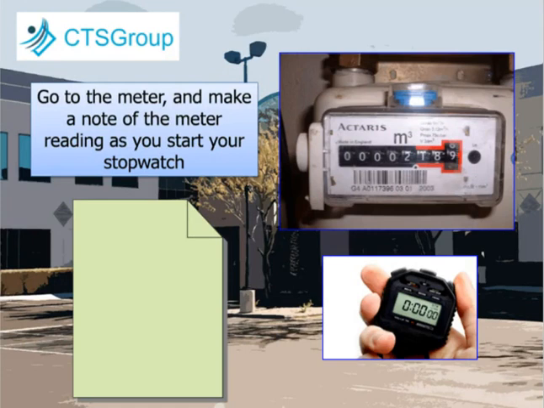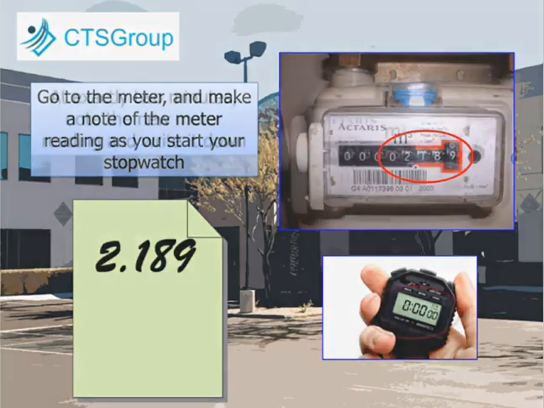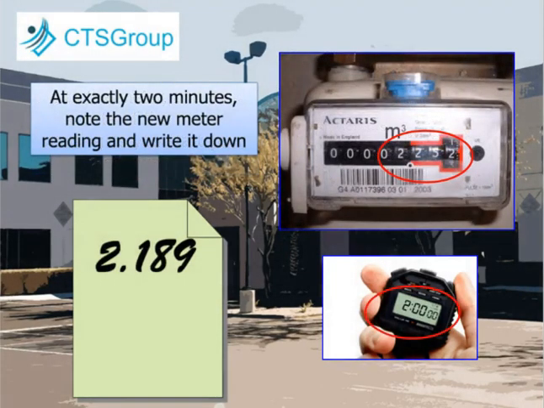Now go to the meter and make a note of the meter reading as you start your stopwatch. At exactly 2 minutes, note the new meter reading and write it down.